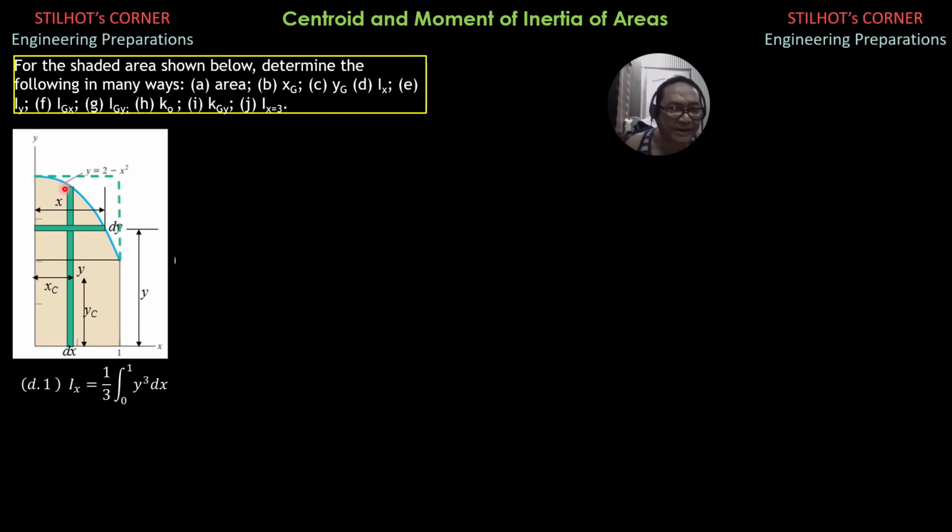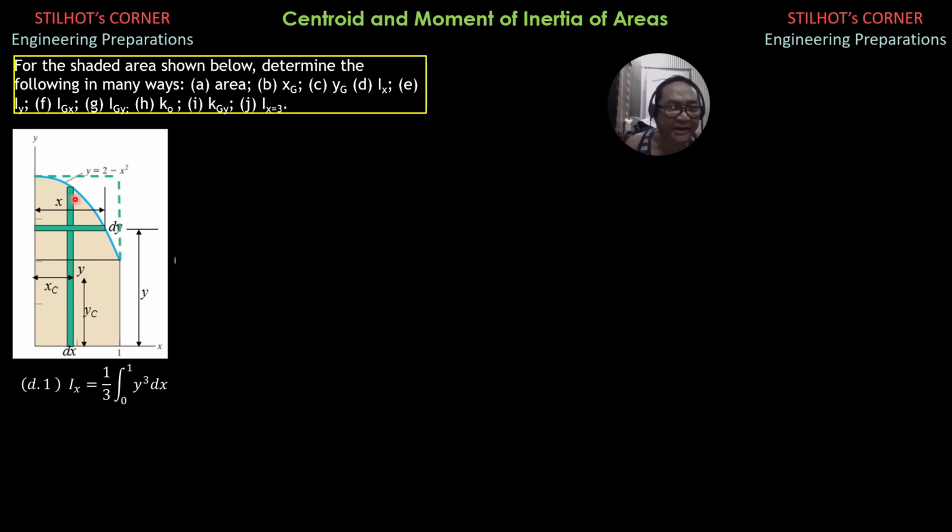Remember that this is the easiest way, considering the vertical strip, which is easier in this case because if you consider a horizontal strip, it is not consistent. There will be two integrals, or we have to separate the moment of inertia of the square, and evaluate by integration the moment of inertia of this parabola or rectangle minus spandrel.